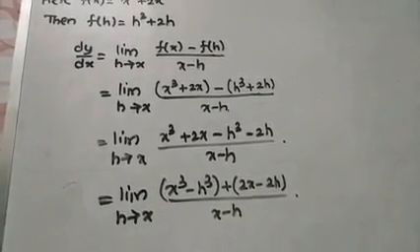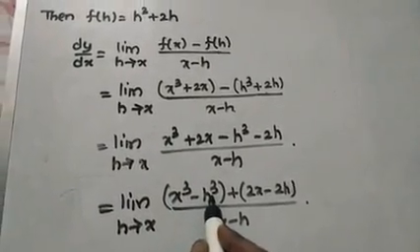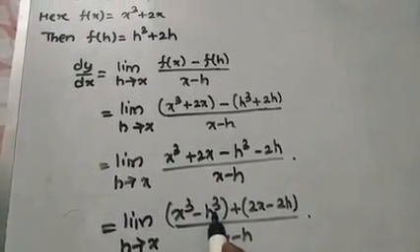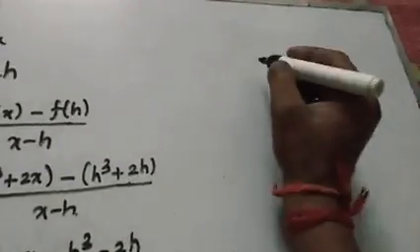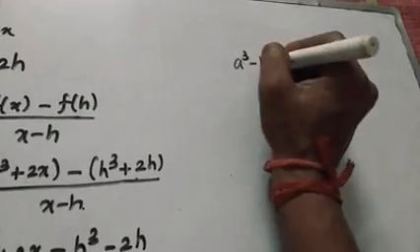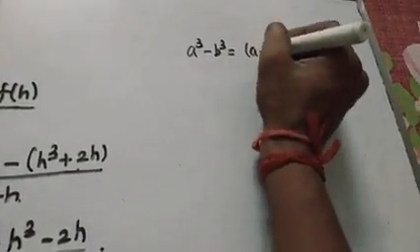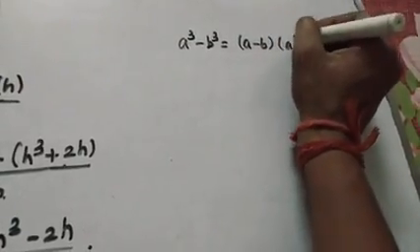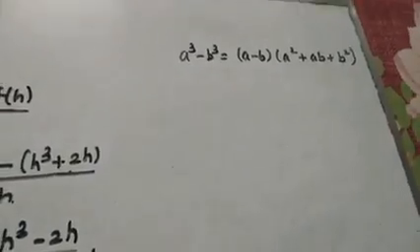Now here you can get what we are going to use. We are going to use the formula of a cube minus b cube. Now what is the formula of a cube minus b cube? I think everyone has forgotten that formula. A cube minus b cube formula is a minus b into a square plus ab plus b square.